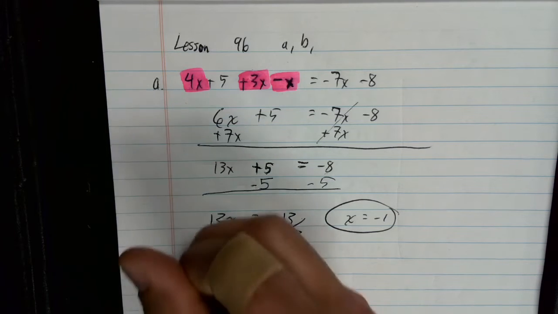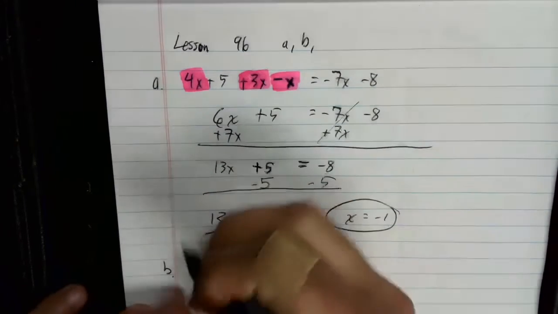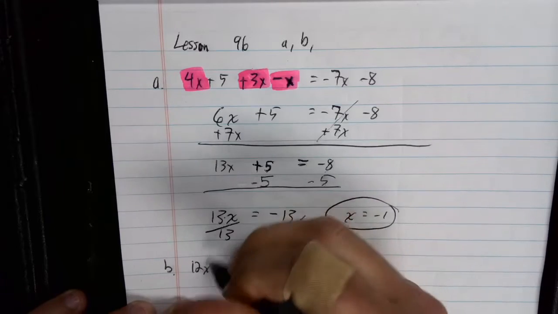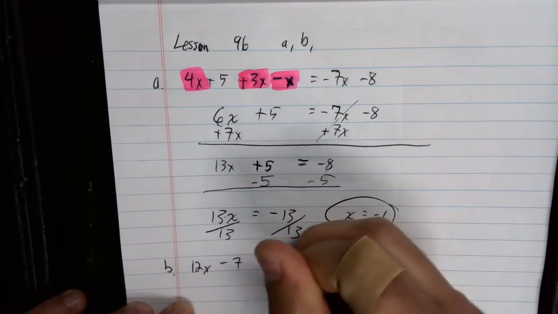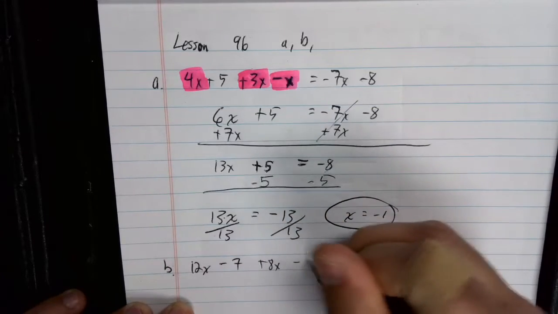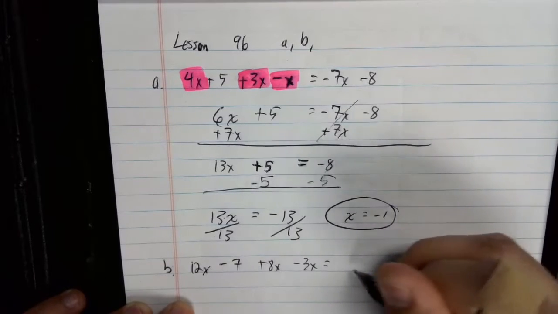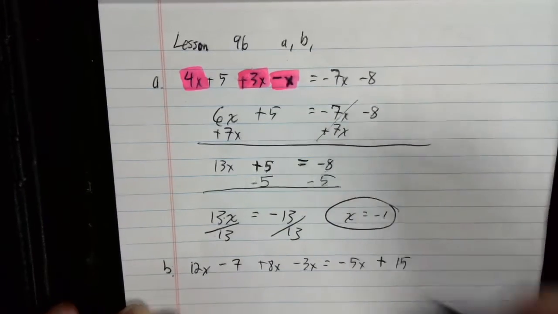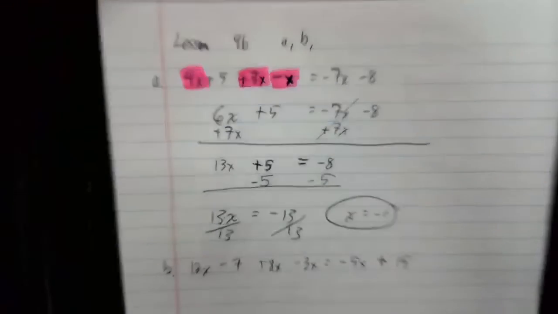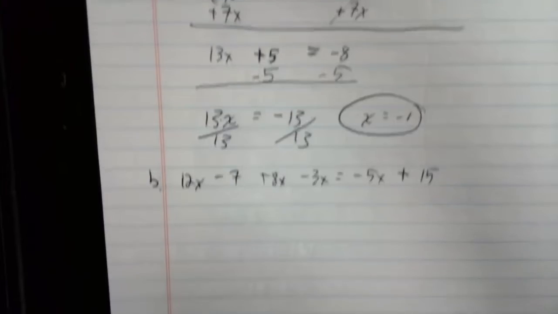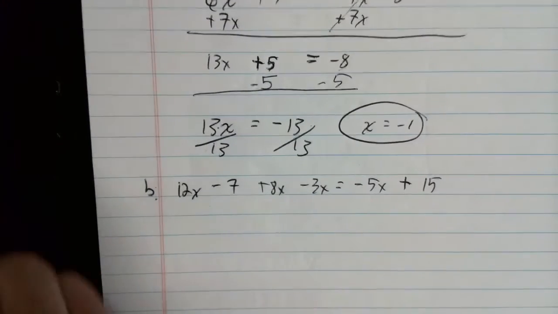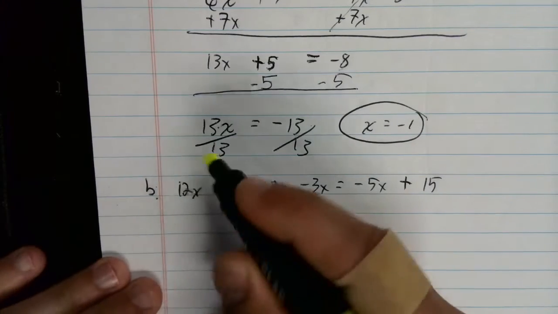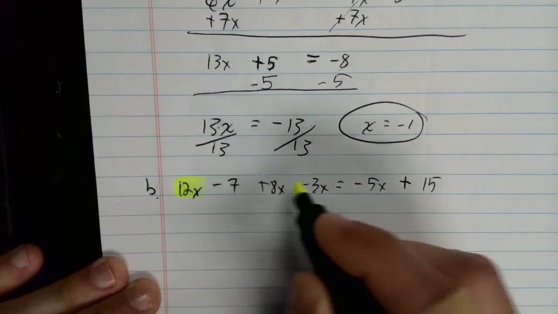Okay, letter B, I have a feeling is very similar. 12x minus 7 plus 8x minus 3x equals negative 5x plus 15. Okay? So if we take Autumn's advice and we work one side at a time, then you notice all of these terms on the left have x with them.